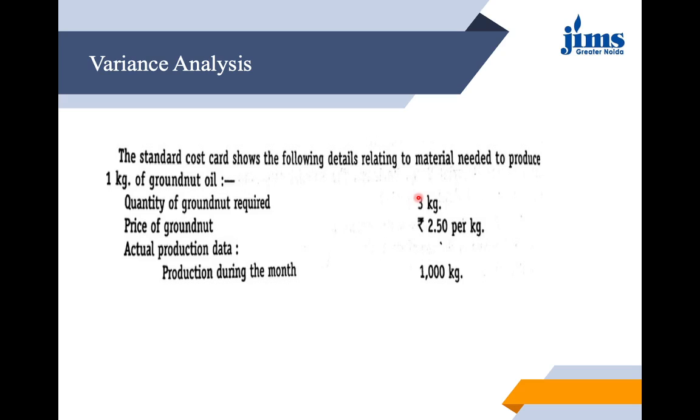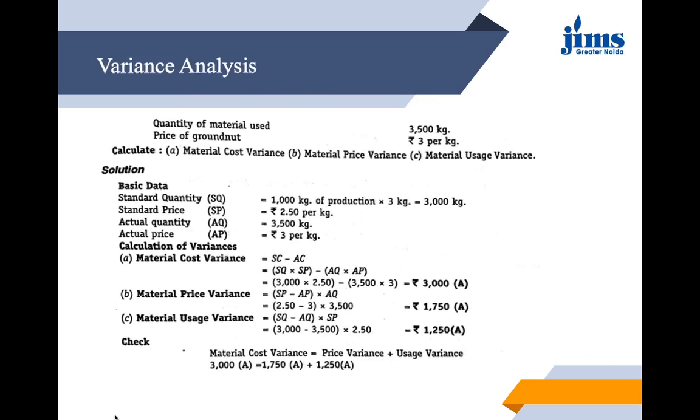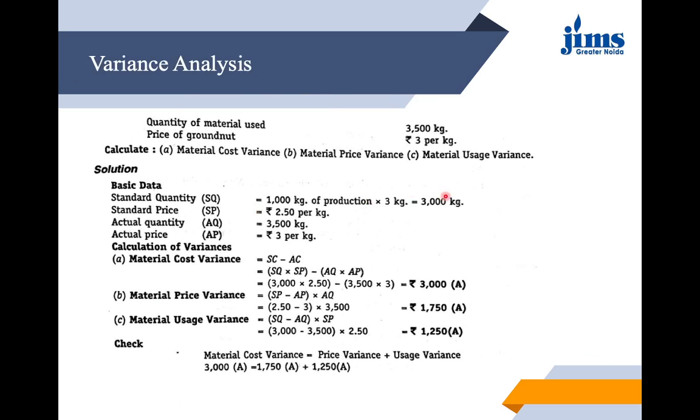Means out of 3 kilograms of groundnut they are able to obtain 1 liter of groundnut oil. So for that purpose we can see that the standard quantity is 1000 into 3, that is 3000 kg, and the standard price is given as 2.5 per kg. Actual quantity is used as 3500 kg. As you can see, it is greater than the standard, so we know here that a variance has arisen, and the variance is going to be adverse.